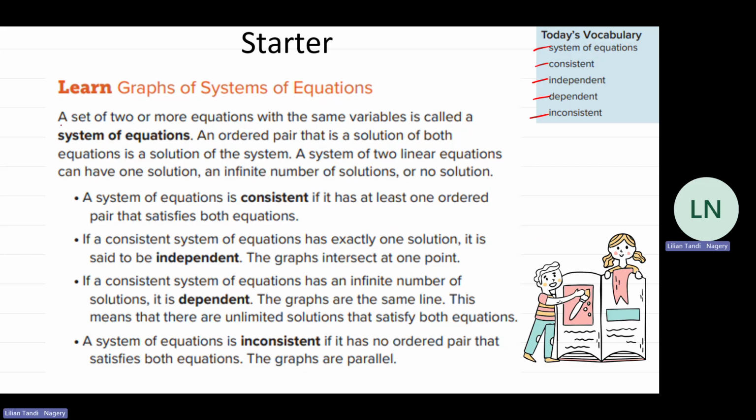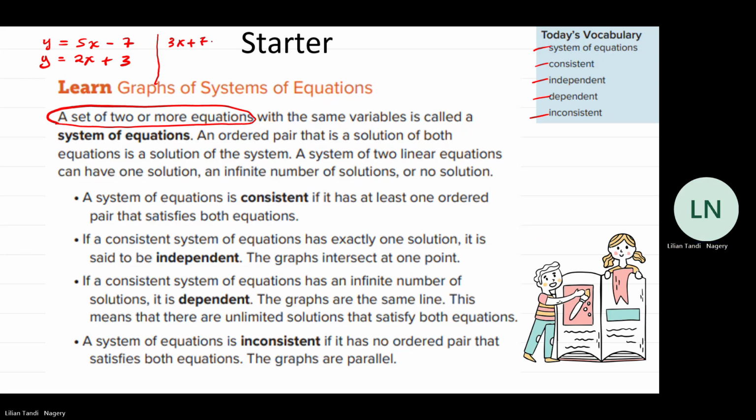A set of two or more equations. So you'll be given a set of two or more equations. Maybe you'll be given y equals 5x minus 7, and another one y equals 2x plus 3, or you can be given another set, 3x plus 7y equals 5, and 7x equals 8, like that.